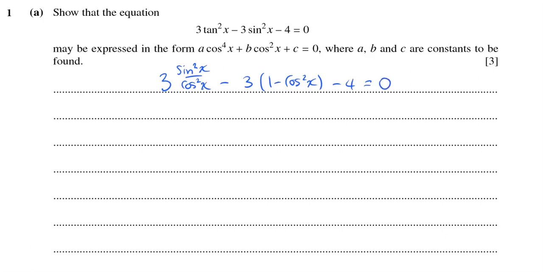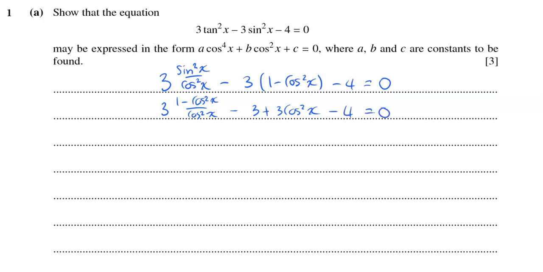And again, we have a sine squared, so we can turn that into 1 minus cos squared and try and simplify as we go. Oh yeah, that minus sign comes in and makes that a plus. Don't forget that the negatives get distributed as well. And up the end, we've got minus 4 equals 0.